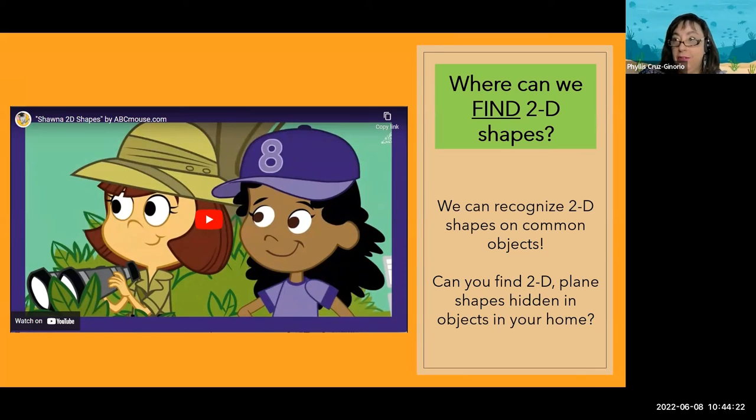What about your sofa? What about your refrigerator? See any other shapes around you? Let's find out if we can notice, observe, and find 2D flat plane shapes on a solid object.